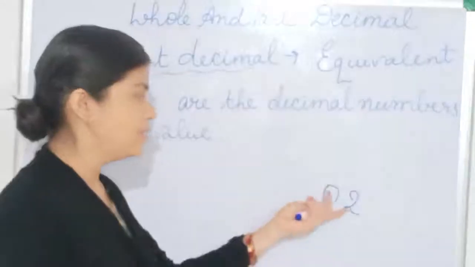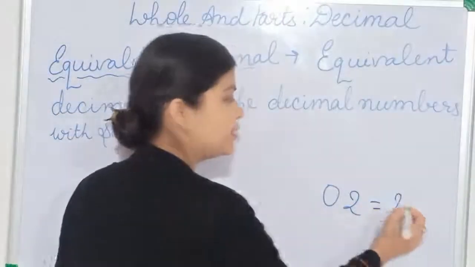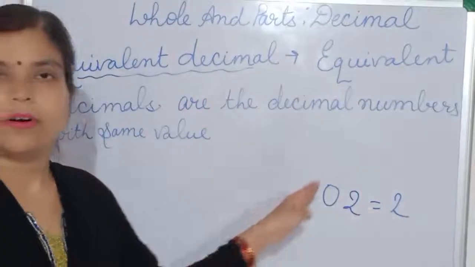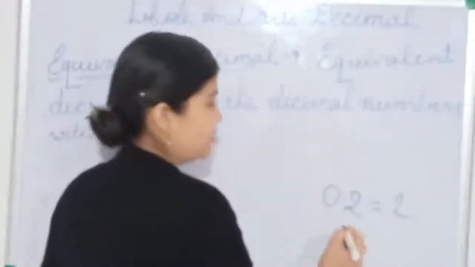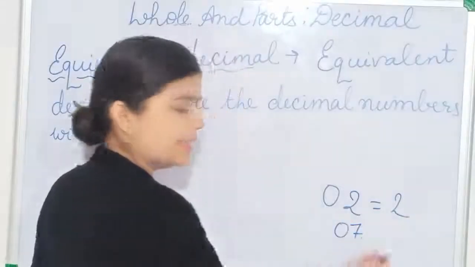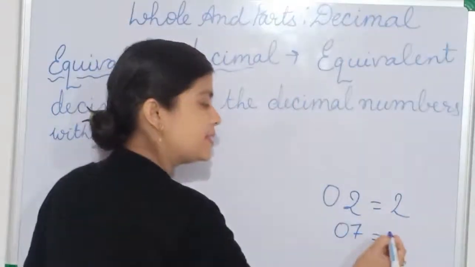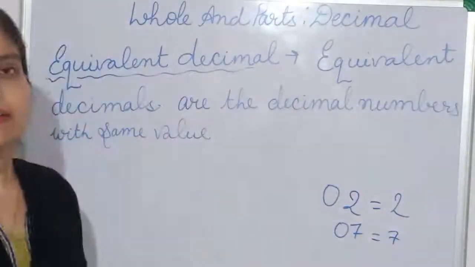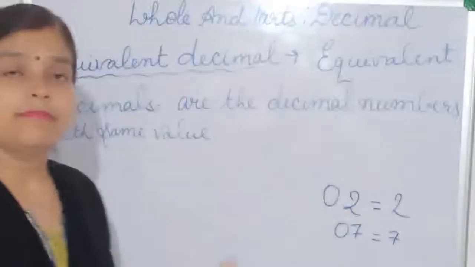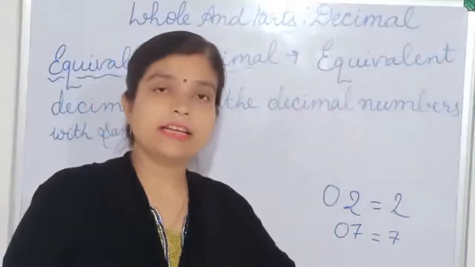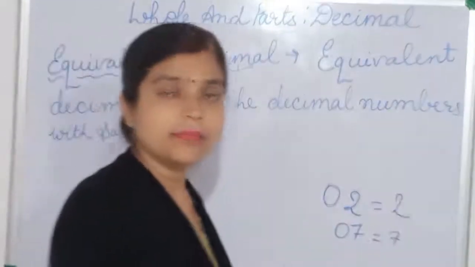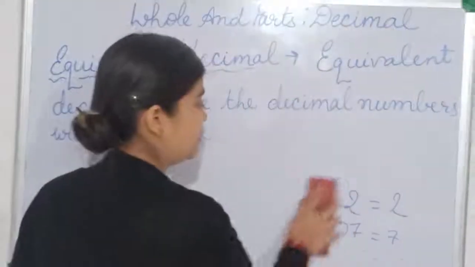If I put 0 on the left hand side of 2, it will be 2 only. 0 2 or 2 is the same. If I put 0 on the left hand side of 7, then it will be 7 only. In a decimal number, if I put 0 on the right hand side of the number, the decimal is not going to change, it is the same only.